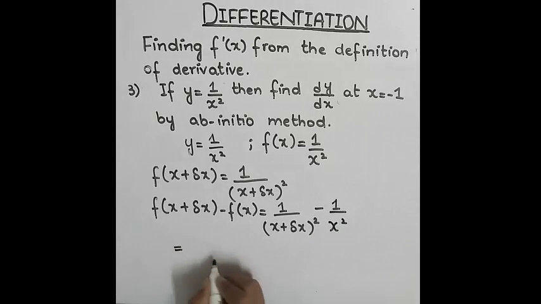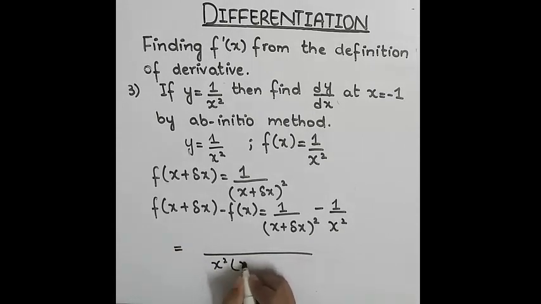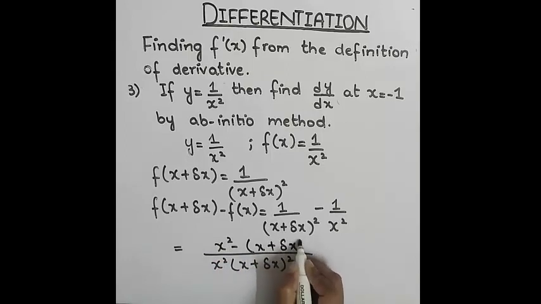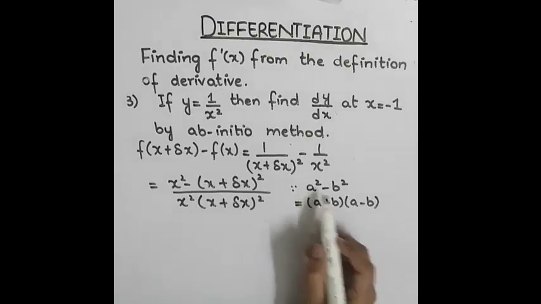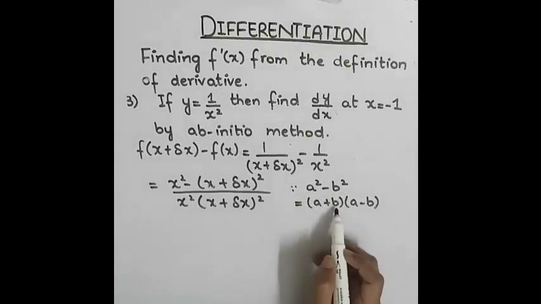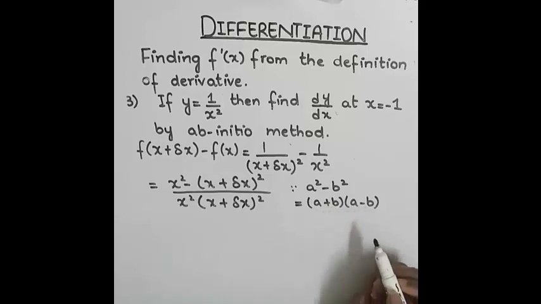So taking LCM, x square times (x plus delta x) whole square. By taking LCM, we will get x square minus (x plus delta x) whole square. The simple method to find this: a square minus b square is (a plus b) times (a minus b).